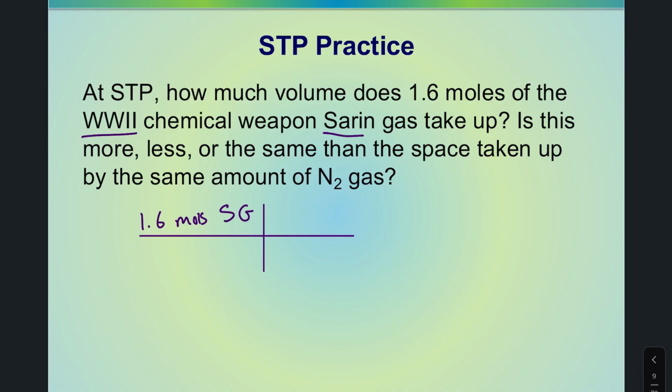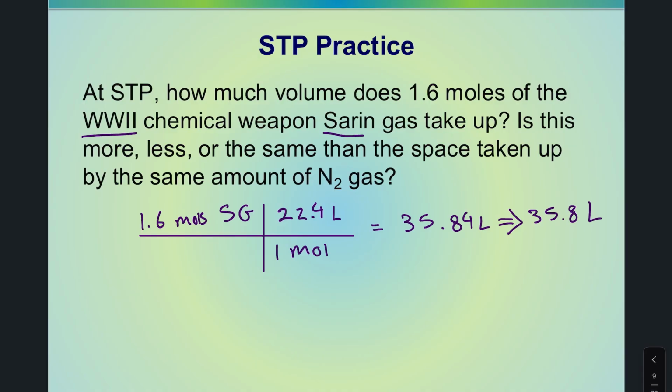And we say that for every 1 mole of gas, there are 22.4 liters of gas. All you're doing is multiplying 1.6 times 22.4. We end up with 35.84 liters, which is then going to be 35.8 liters with sig figs.